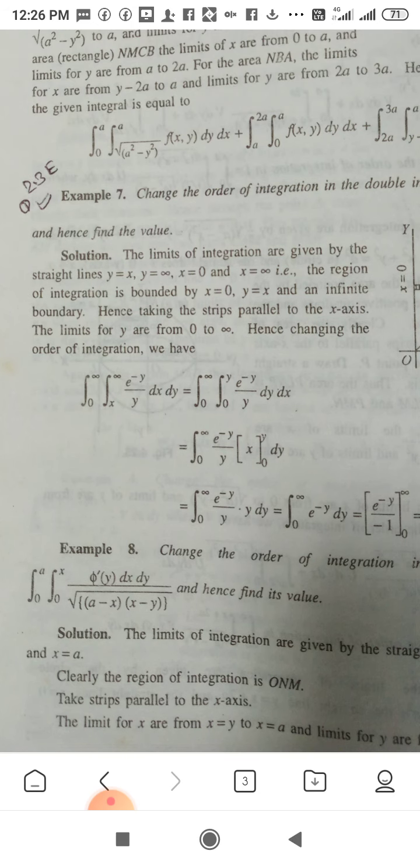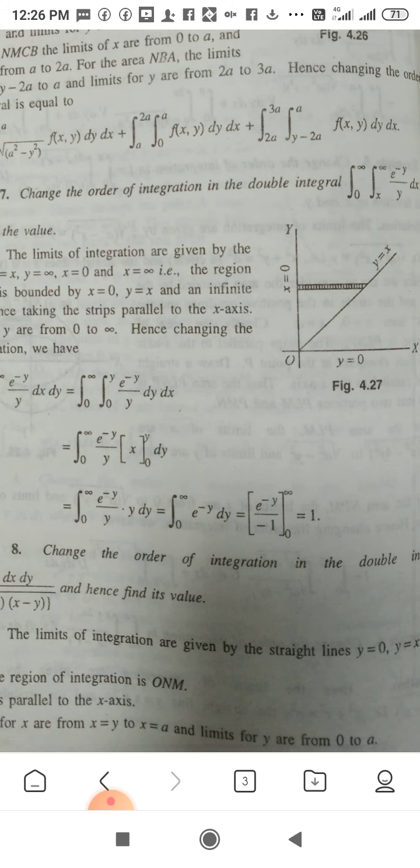After changing the order, the limit of y is 0 to infinite and the limit of x is 0 to y. If the strip is changed, then the integration becomes 0 to infinite, 0 to y e to the power minus y upon y dy dx.